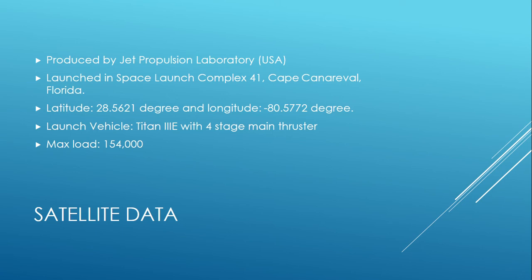The satellite was launched with a launch vehicle, the Titan 3E, with a main thruster with a maximum load of 145,000 kilograms.